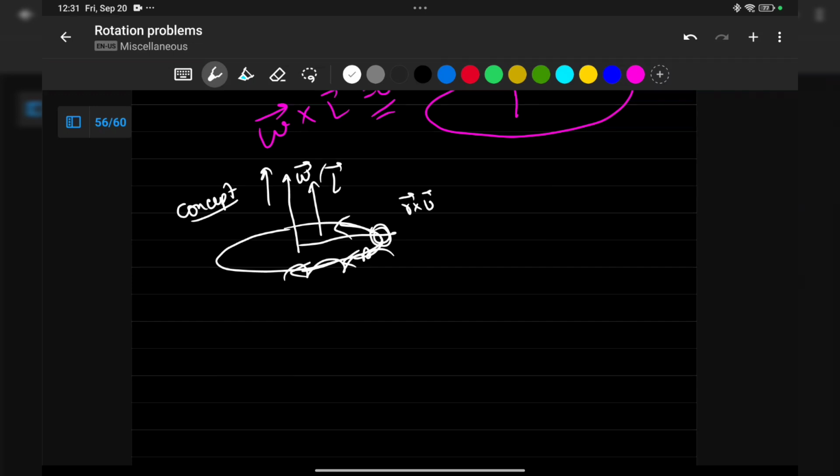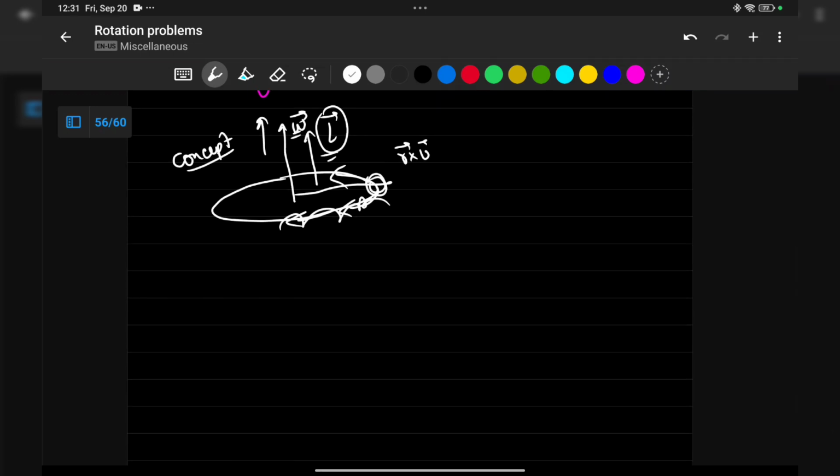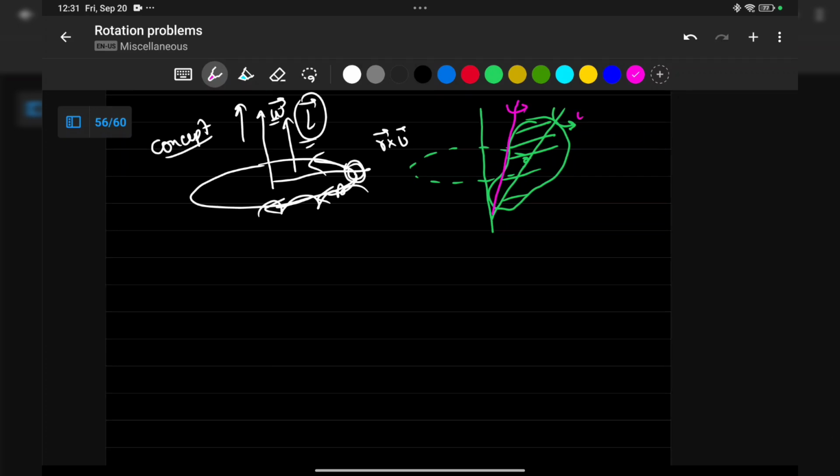But in 3D bodies, suppose this is any 3D body. If this is rotating about this axis, and this is rotating about some bigger thing, this CM, then its angular momentum is not only directed about this axis; it is directed about some in-between axis.